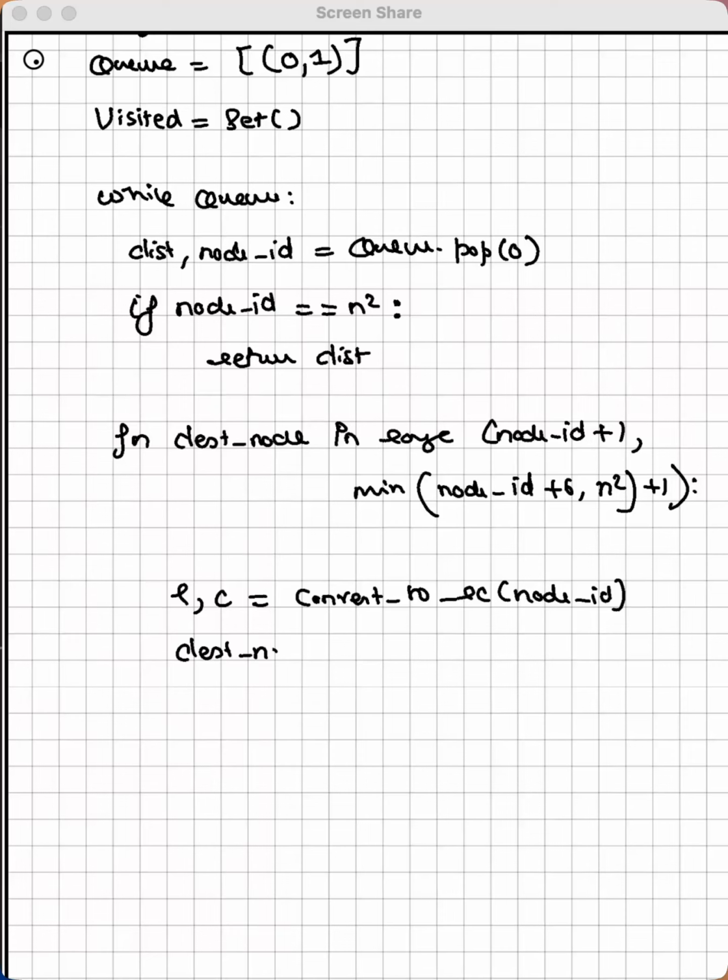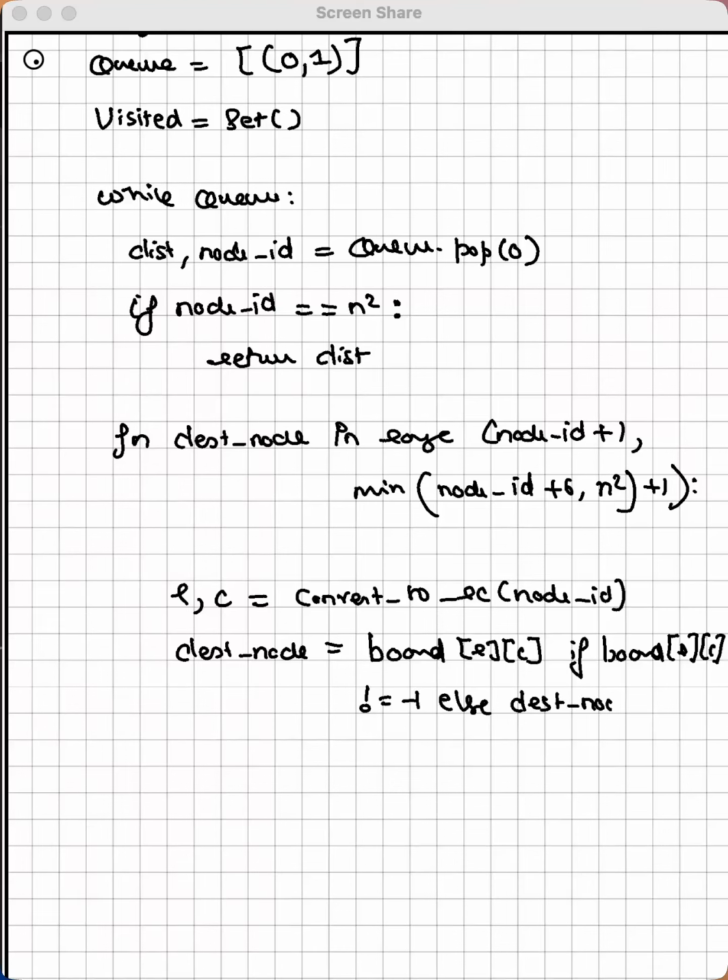Then we say destination node is equal to board of R and C if board of R and C is not equal to -1, else we take what we got from the dice roll.